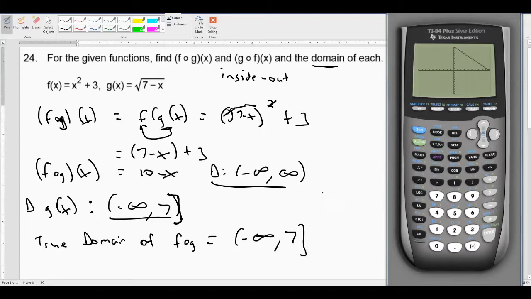If you want to do a number line graph, this would go forever, both directions. And then negative infinity to 7 would stop somewhere around there, but going forever that direction. And so what they have in common is this region right there, negative infinity to 7.